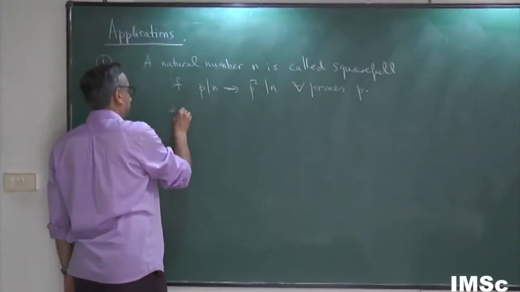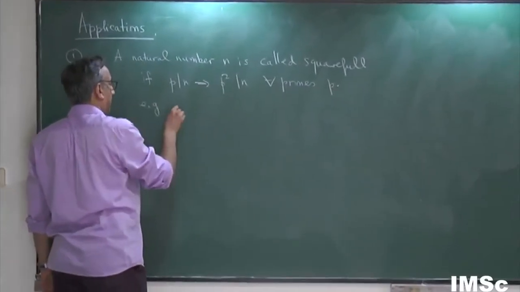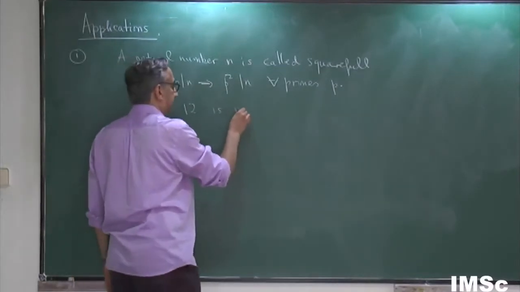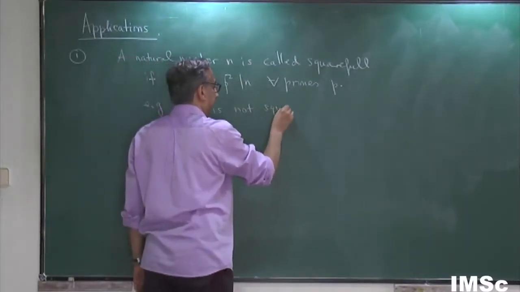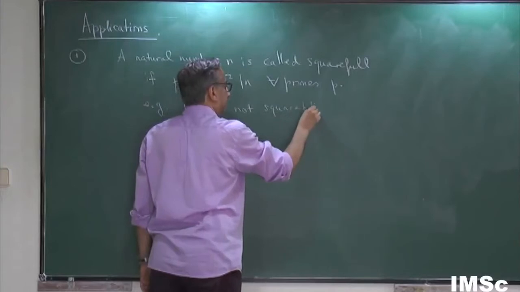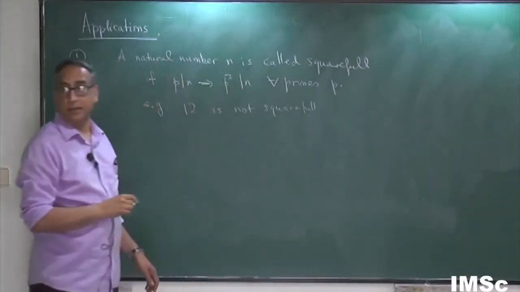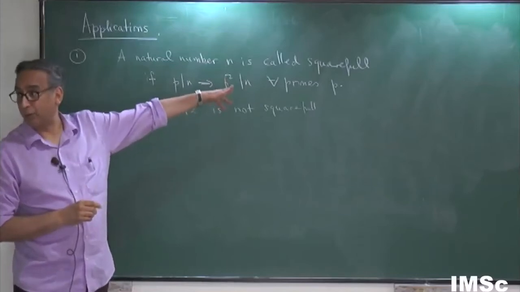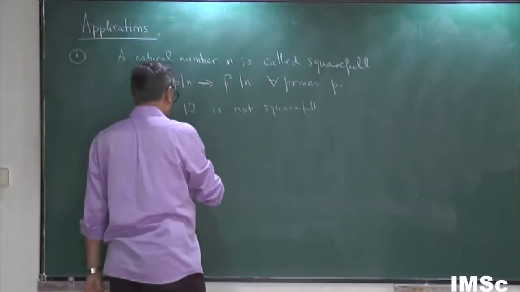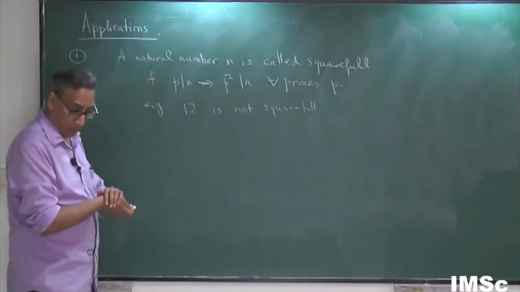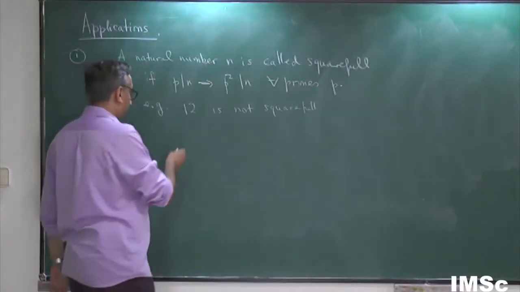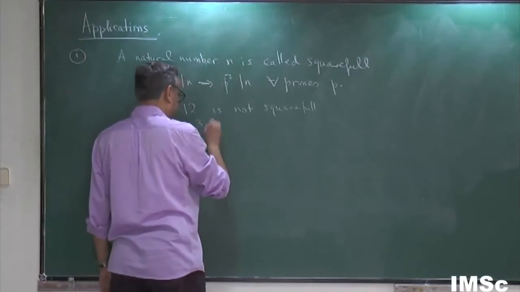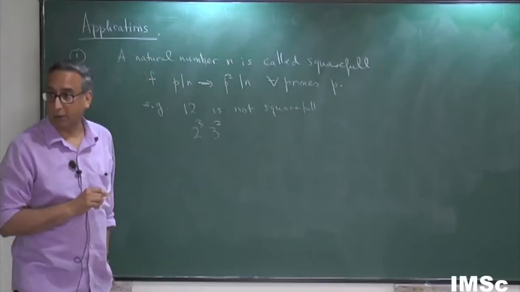So for example, 12 is not squareful, because it's 2 squared times 3, and 3 does not appear to a power 2 or more. Whereas squares, cubes, and so on, 2 squared times 3 cubed, 2 cubed times 3 squared, let's say, is powerful.